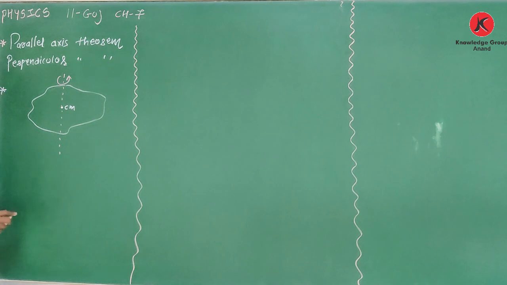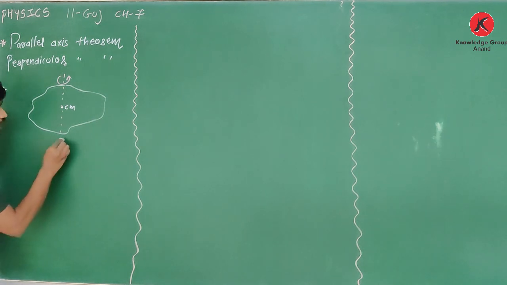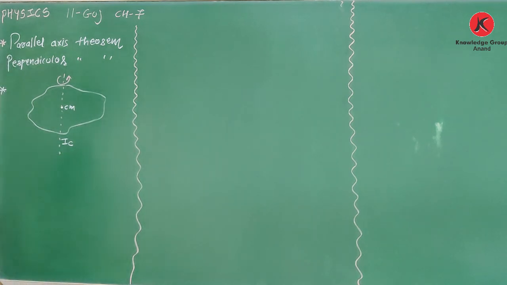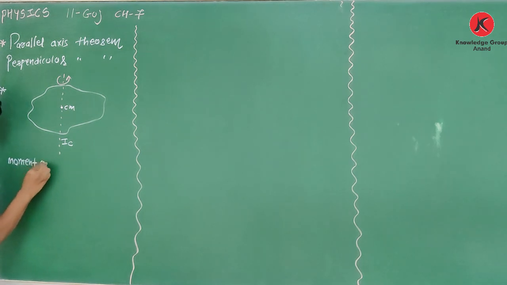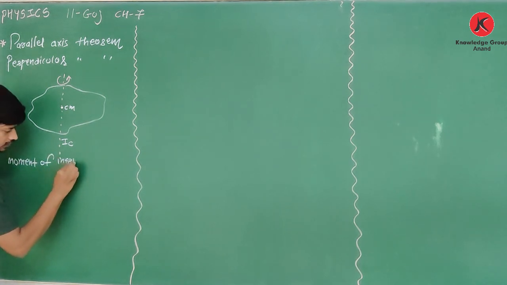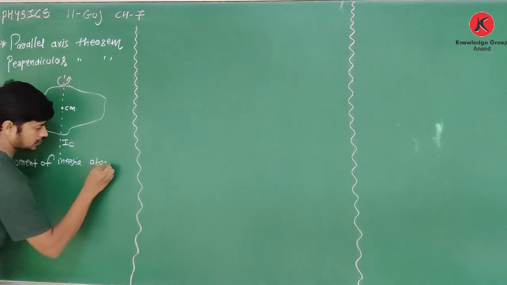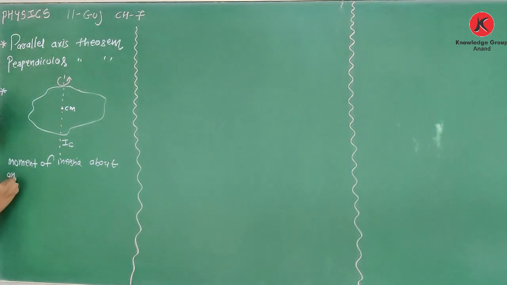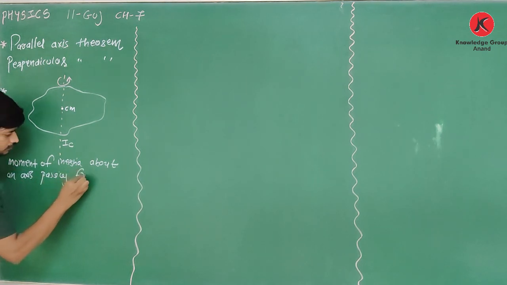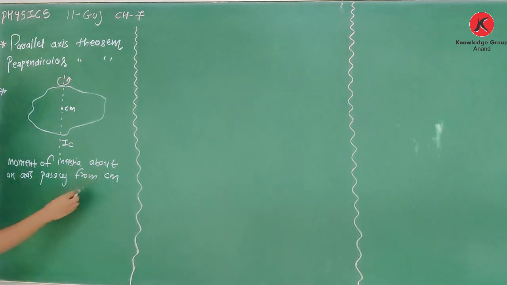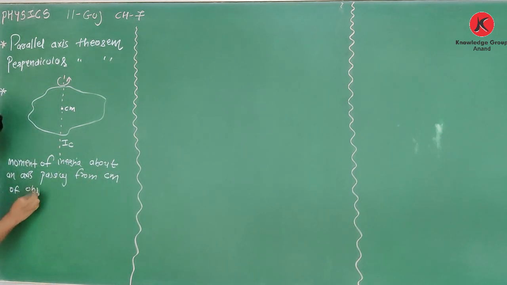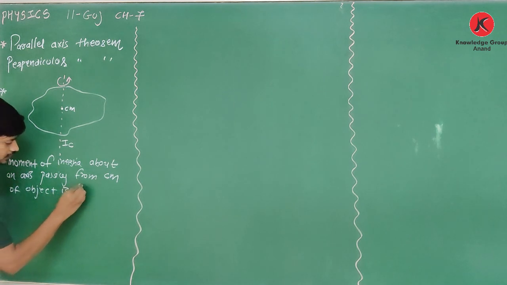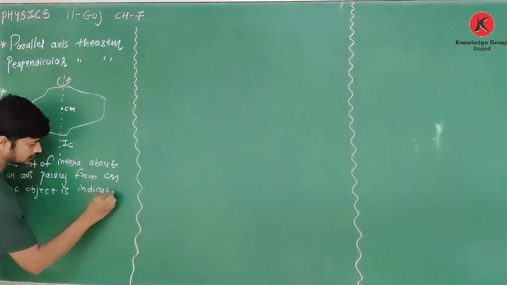Then the moment of inertia about this axis, which is passing through the center of mass, is indicated by IC. The moment of inertia about an axis passing through the center of mass of the object is indicated by IC.